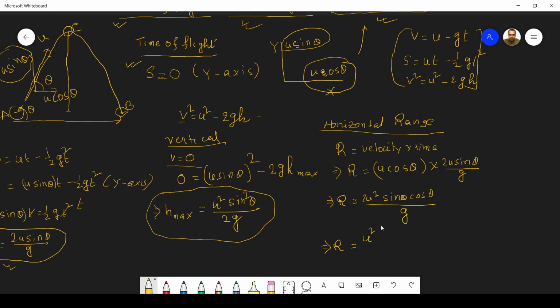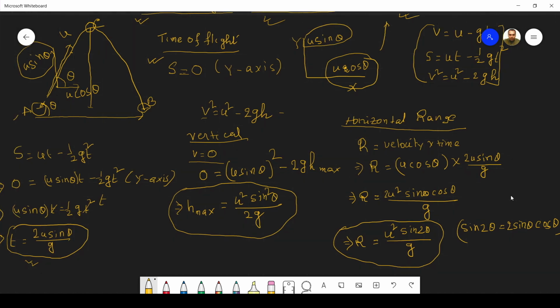Now twice sine theta cos theta can be written as sine twice theta, because from trigonometry, sine twice theta is equal to twice sine theta cos theta. So basically this gives us the horizontal range: R equal to u square sine twice theta over g.